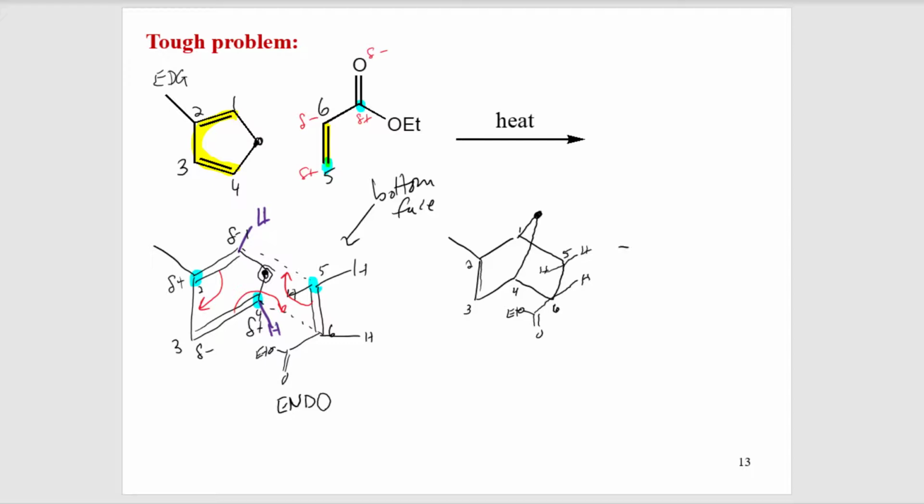You could have also written it like so. Notice that if I were to be looking at it from the top face, you could see that the tented bicyclo system is coming at me.